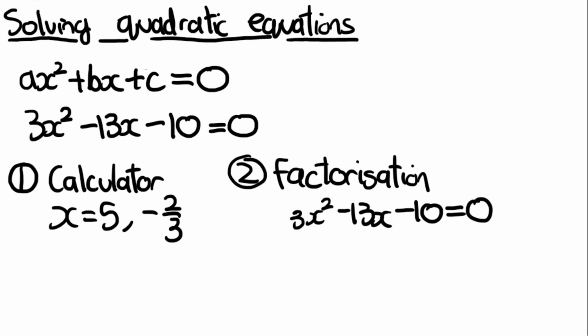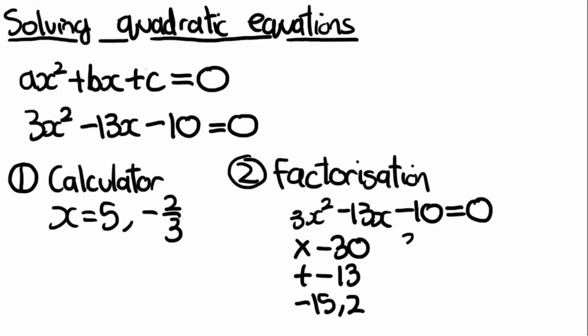So remember, we need to find 2 values that multiply together to give AC. In this example, it would be minus 30, and we need to get 2 numbers that add together to give B, which would be minus 13. And these values, if you think about it, would be minus 15 and 2. So we can write down the quadratic equation as 3x squared minus 15x plus 2x minus 10 is equal to 0.